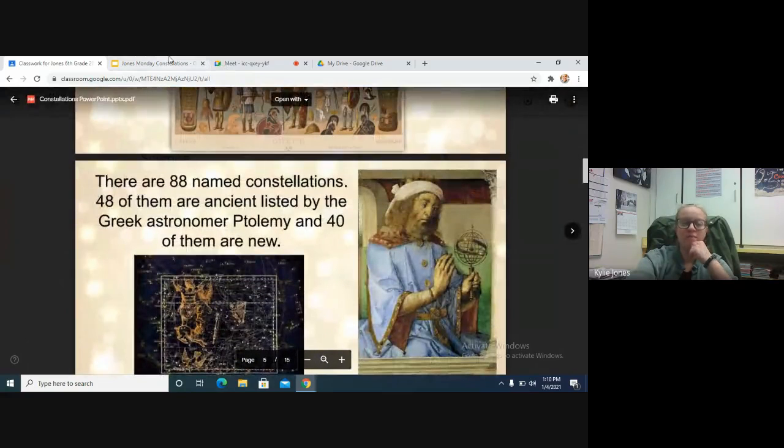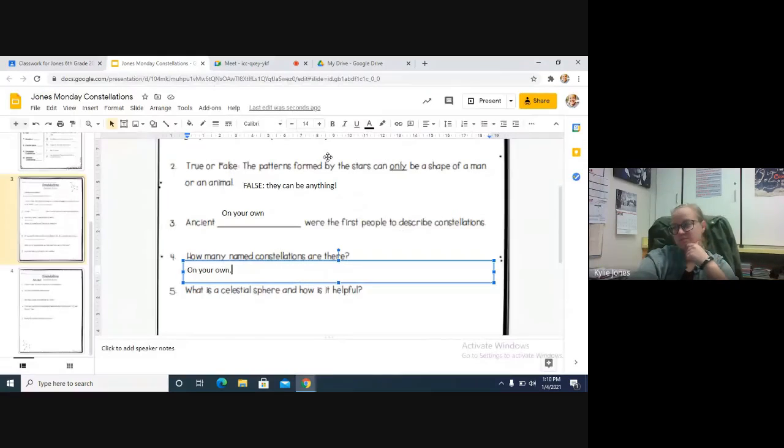No, those are just vocabulary words. It wants actual constellations. It's on slide number 5 of your PDF. Okay. How many constellations? I'll put that as a hint. So it's on slide number 5.